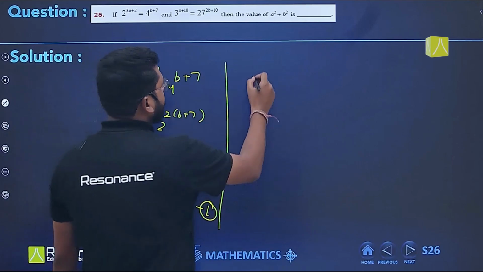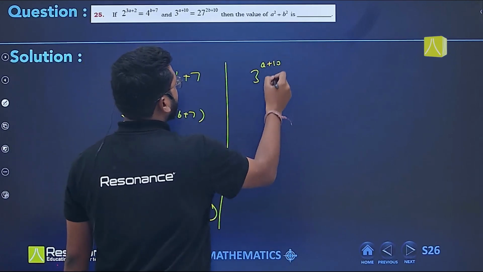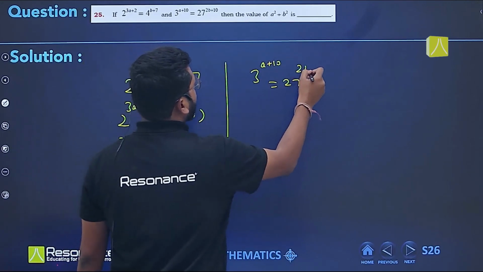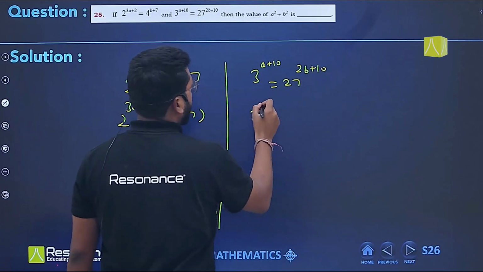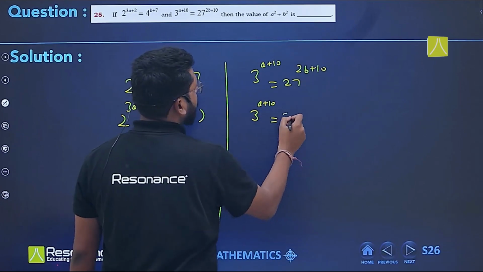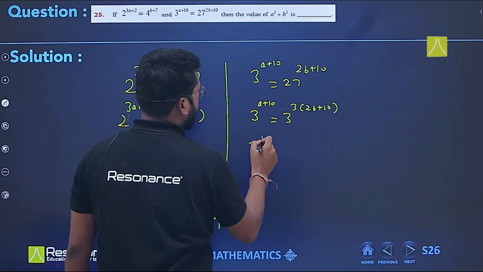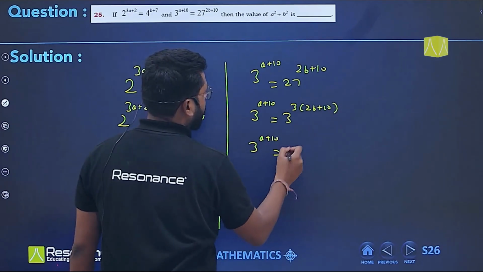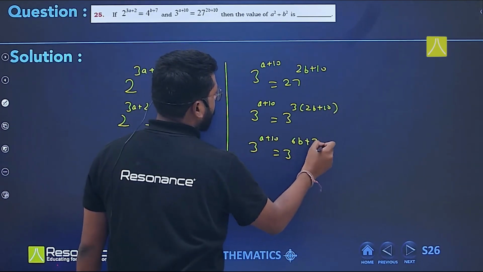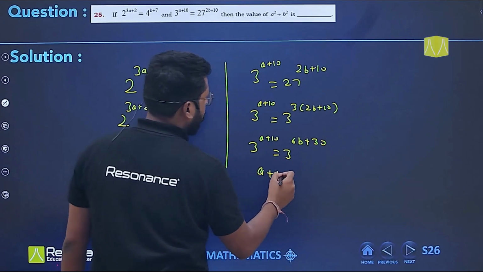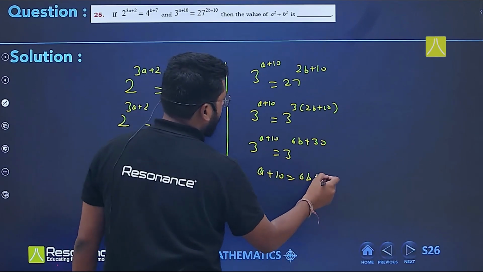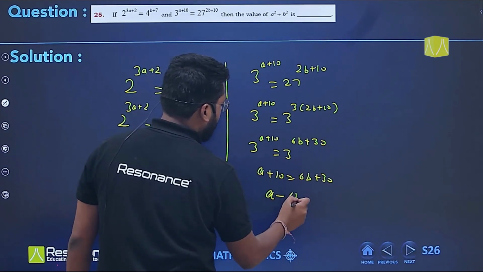From the second equation, 3 raised to a plus 10 is equal to 27 raised to 2b plus 10. So I can write 27 as 3 cube. So that is 3 raised to a plus 10 equals 3 raised to power 6b plus 30. So a plus 10 is equal to 6b plus 30, or a minus 6b equals 20.